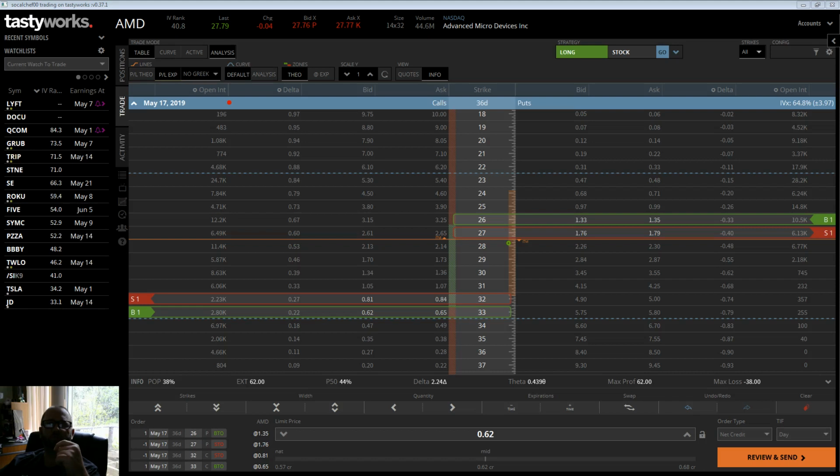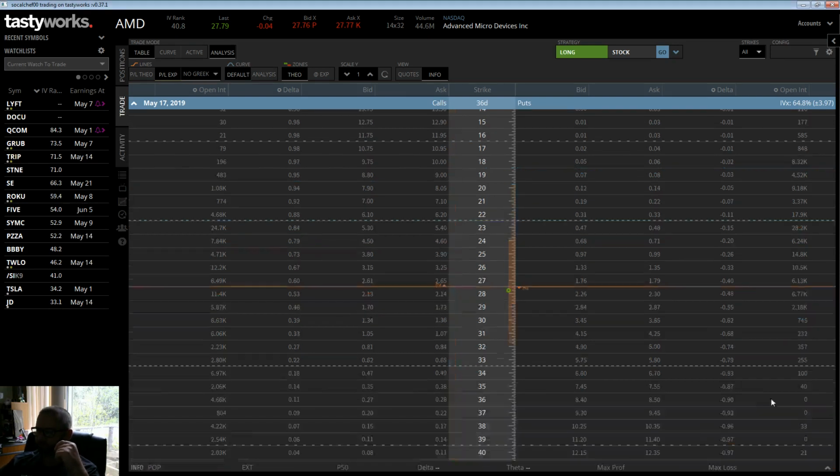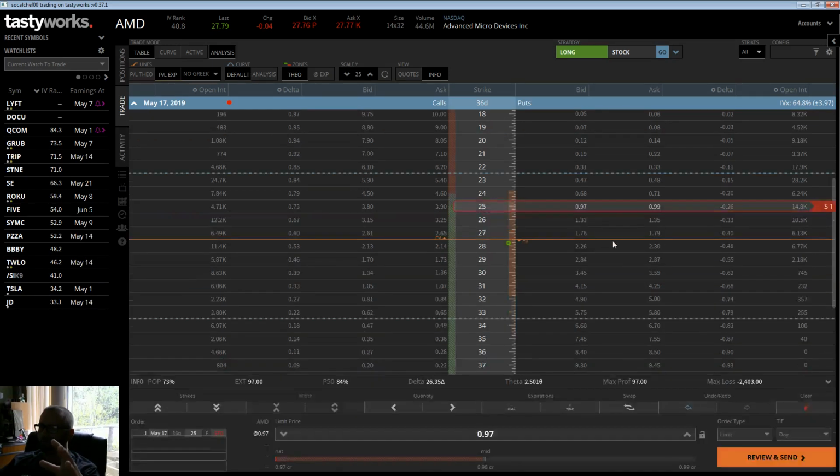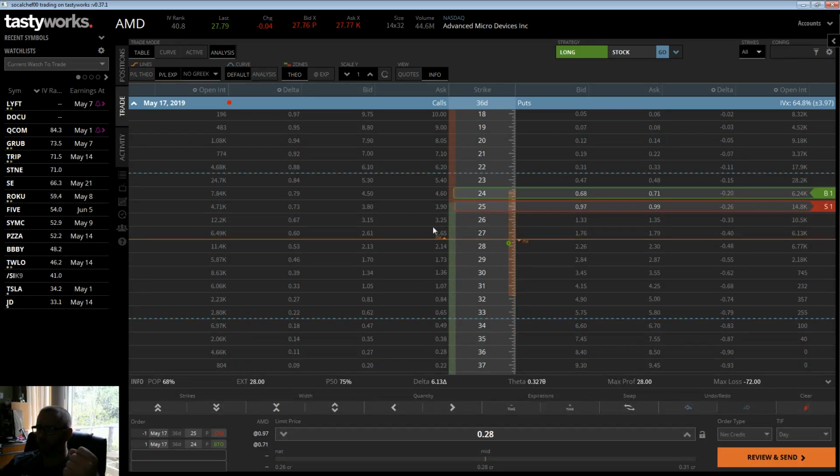Can you explain directional Condor a little bit more? Yeah. Okay. So again, if you really think AMD is going to move upwards, you want to do a vertical spread, right? Because that means just as long as it goes up, you make money. But if you wanted it to cost a little less, you could do an iron Condor.